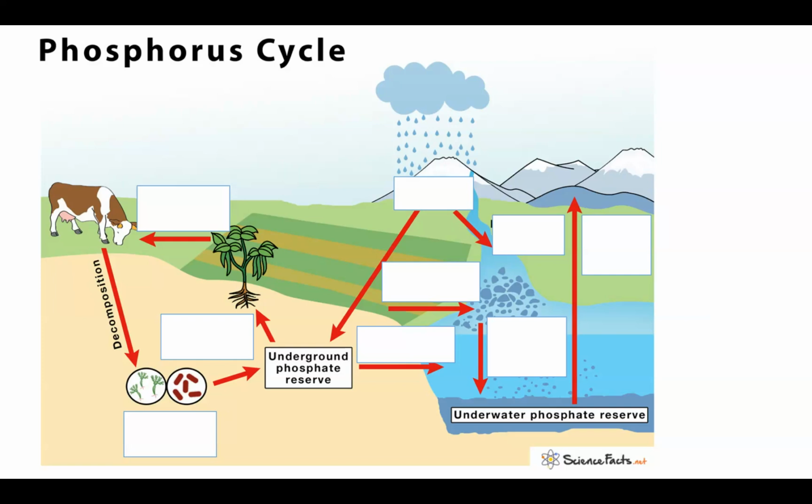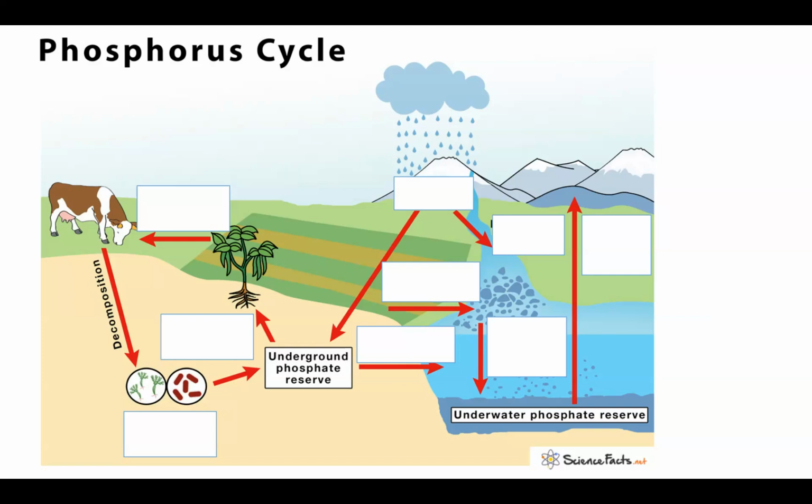All right, then we got one more. And this is going to be erosion. Slowly breaking down phosphorus reserves in the water, or in the rock, and making its way into waterways. Notice phosphorus was never in its gaseous form.